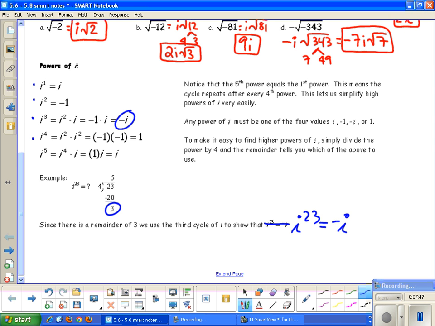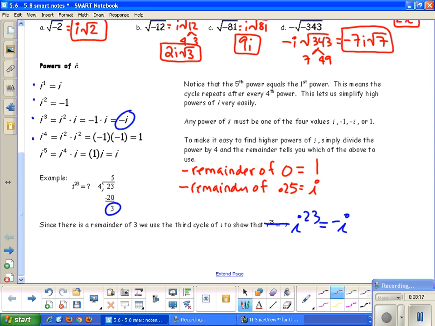And we can do this with any powers. What's easier to look at is looking at your remainders. So if I have i to the 1st power, when you have a remainder of 0, you're going to be on the 4th cycle, so that would be equal to 1. If you have a remainder of 0.25, that's like saying you have 1 out of 4, so then you would be equal to i.